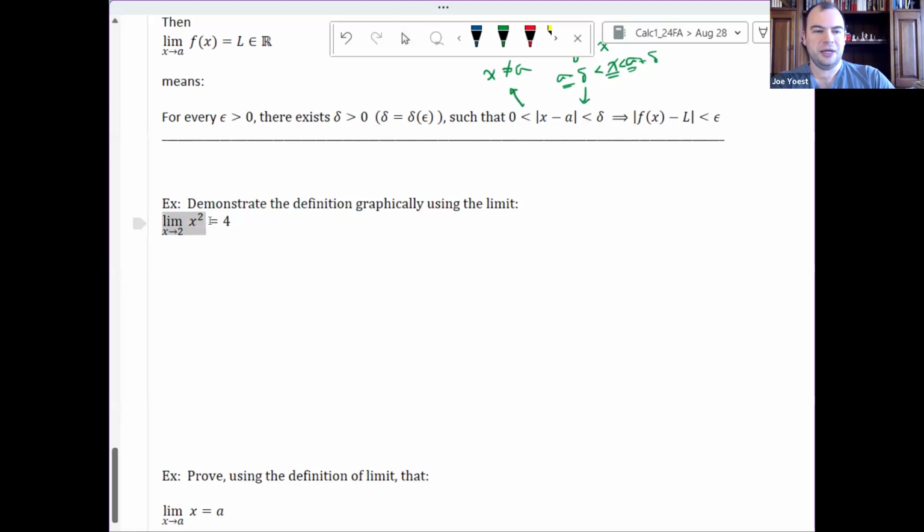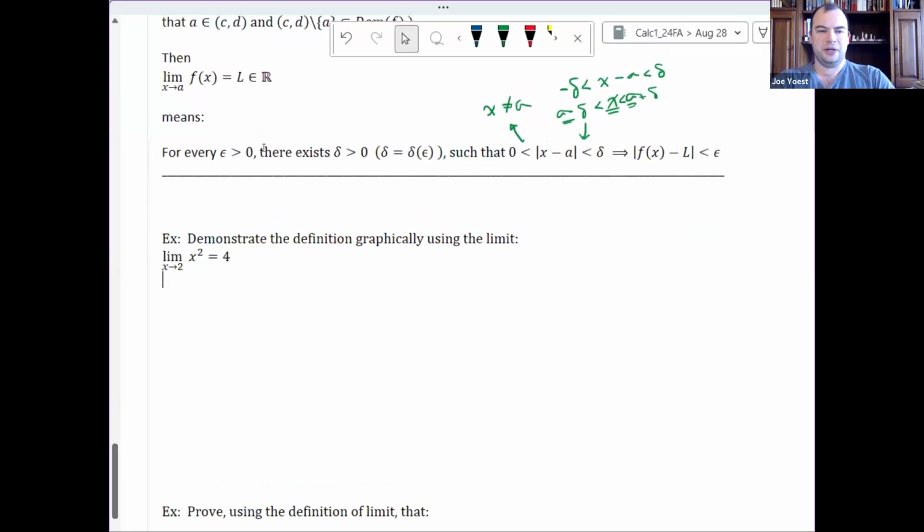So this is my claim. Can I illustrate what's going on here using a graphical technique before we get into all of the algebra, which can be a little more abstract? So what do I have? I have a function x squared.